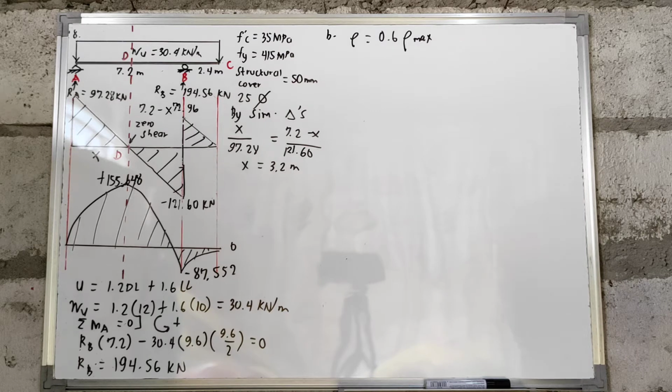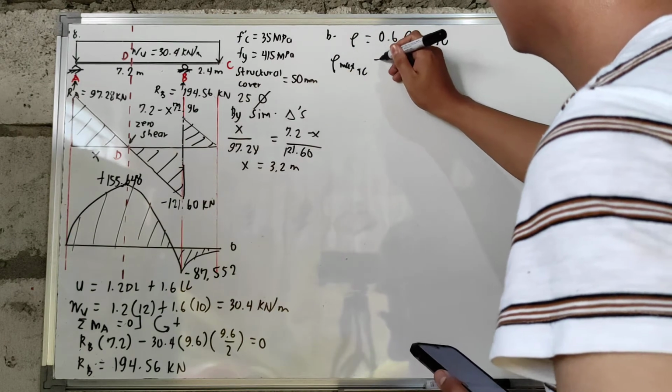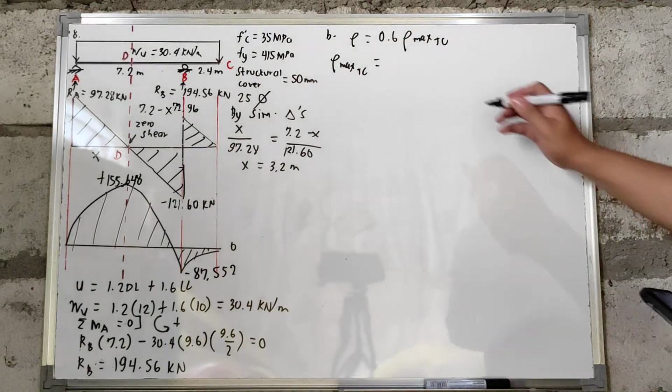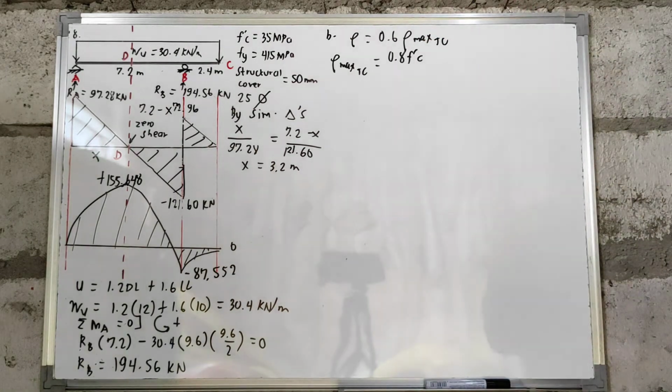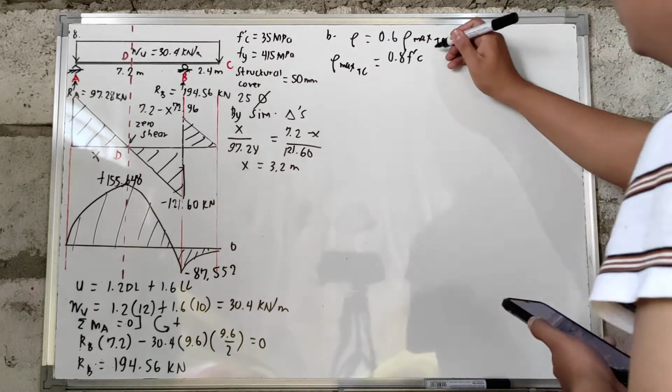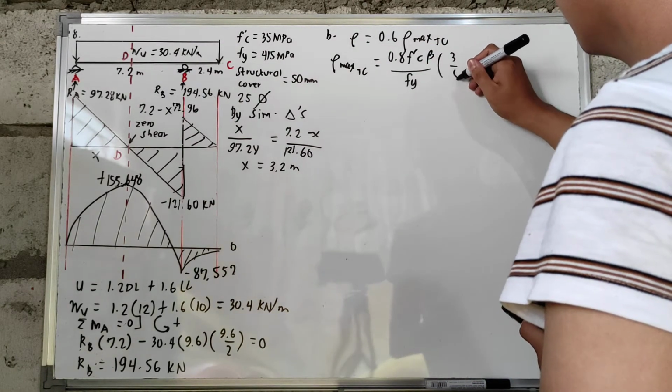Rho max natin in transition control. So with this one, so what is the value of your rho max? In rho max TC natin, that is 0.85 F prime C multiplied by beta over Fy multiplied by 3 over 8.